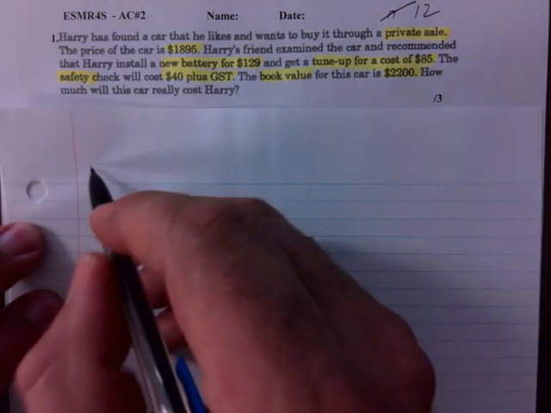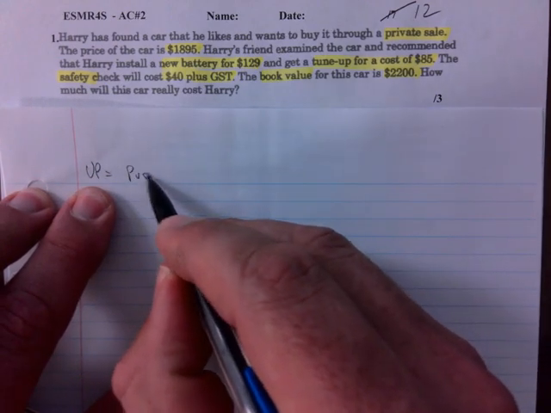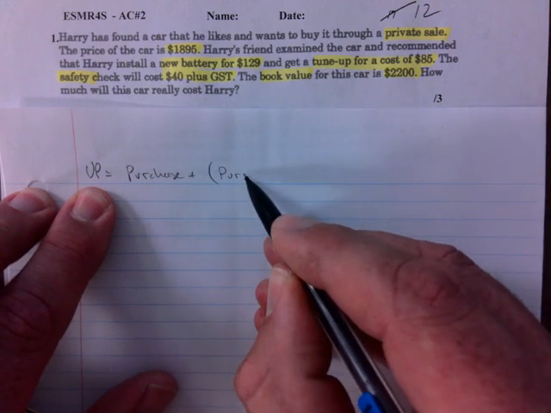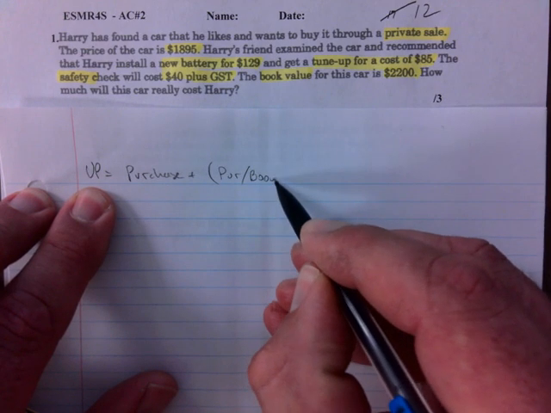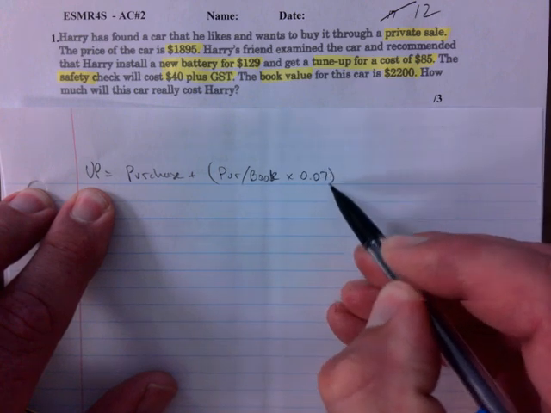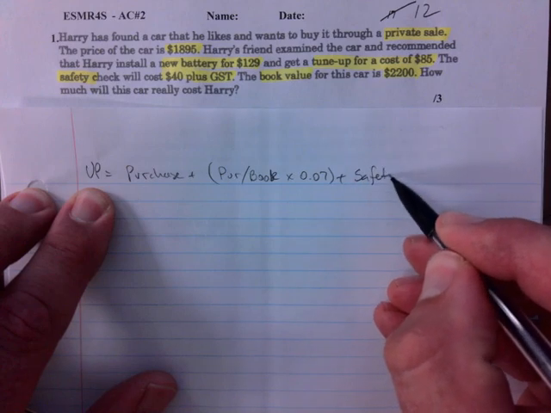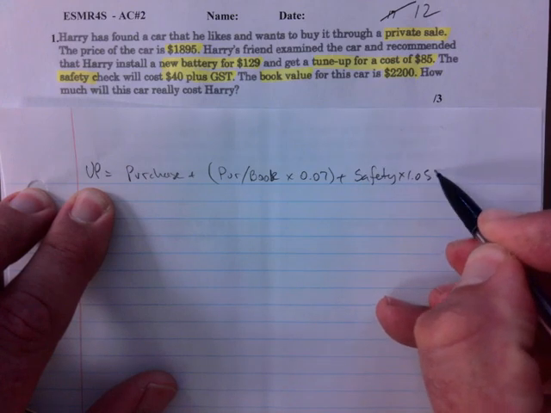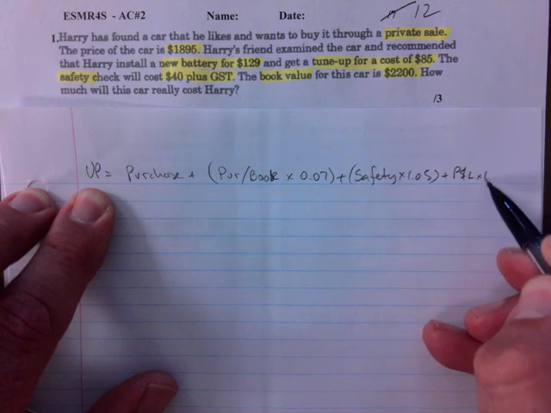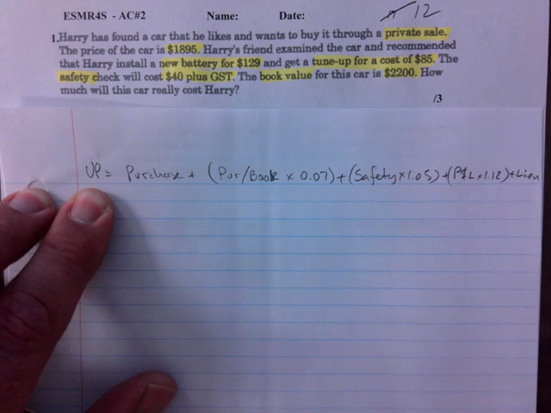So it would be used private: purchase plus purchase or book, whichever one is greater, times 0.07, plus safety times 1.05, and then parts and labor times 1.12, and if there is a lien search, then we tack it on at the end.